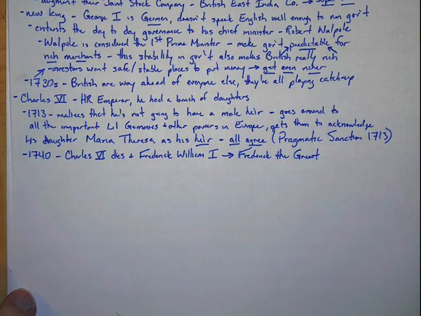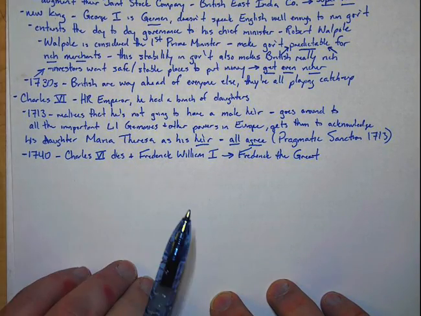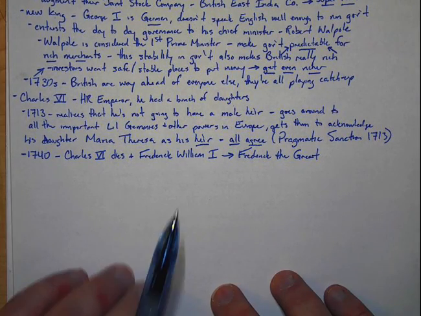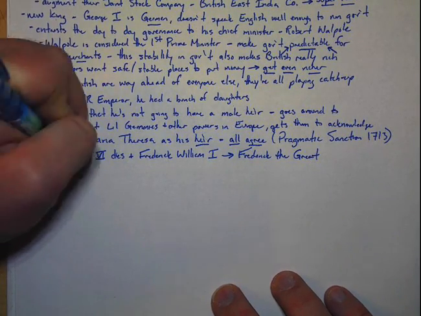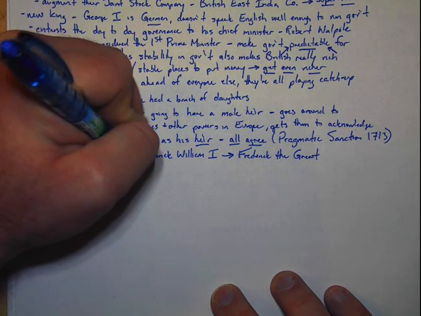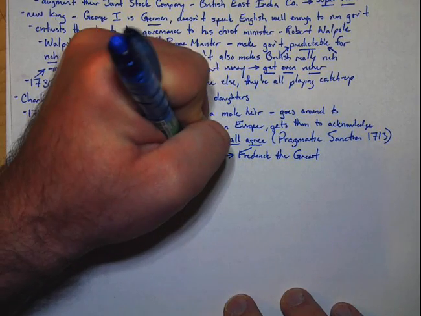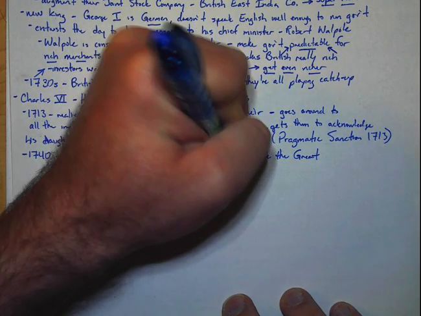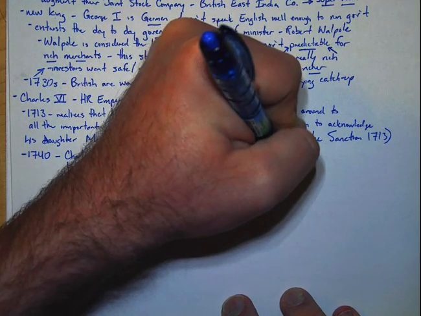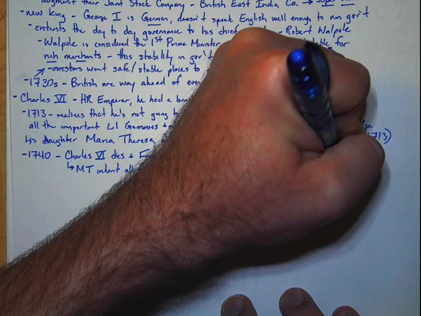So, the way Charles had it set up is that Maria Theresa would inherit all the Austrian land, not the Holy Roman Emperor title, and her husband would become Holy Roman Emperor. That was the plan.